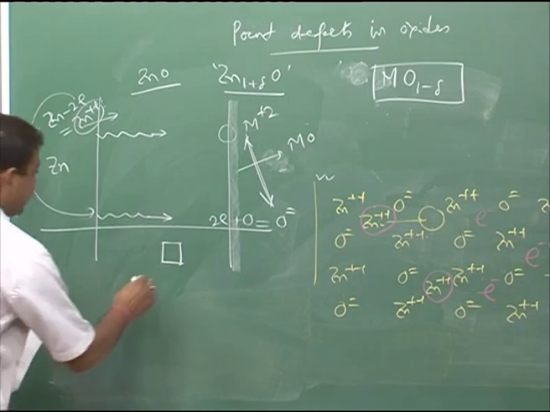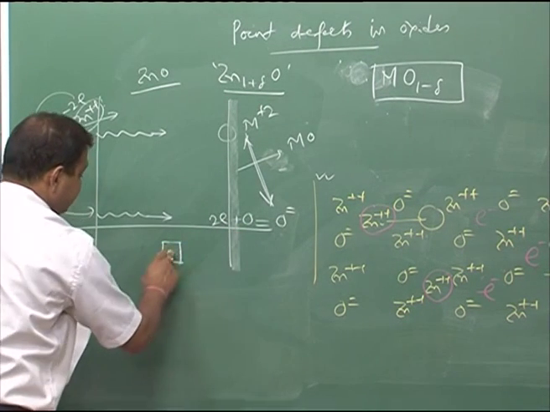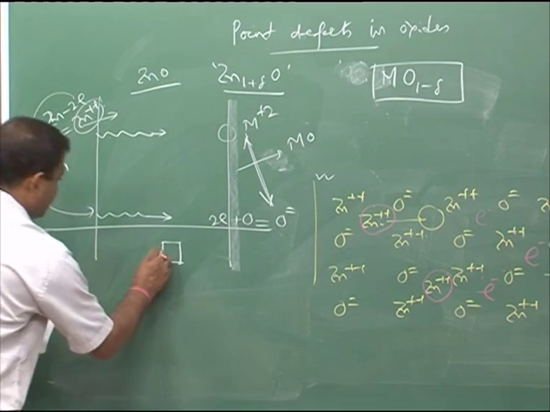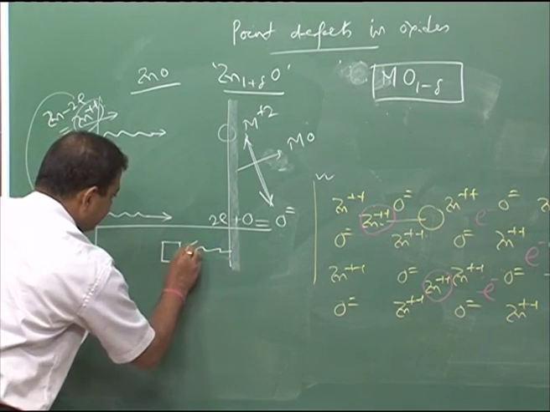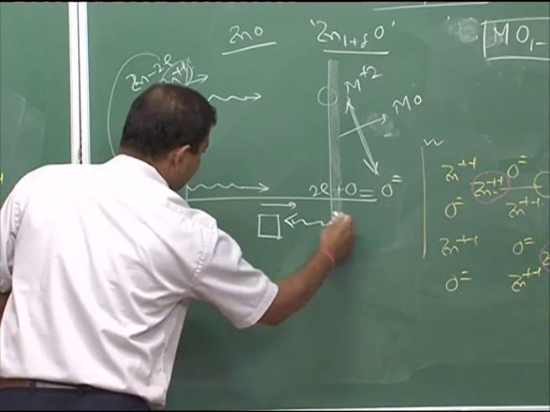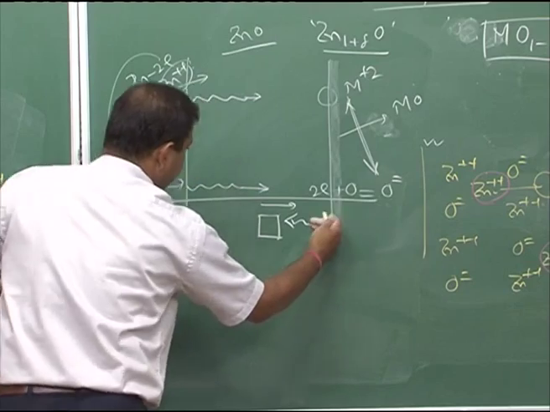So, through the oxygen vacancies we have oxygen anion movement or diffusion onto this surface. The oxygen vacancy will go this way, and in that way the oxygen anion will come this way.